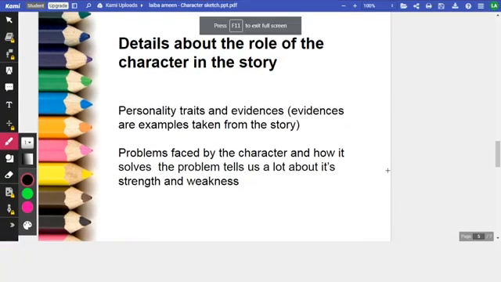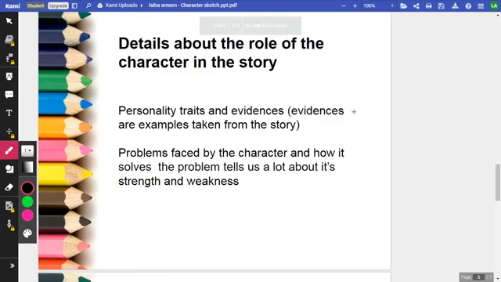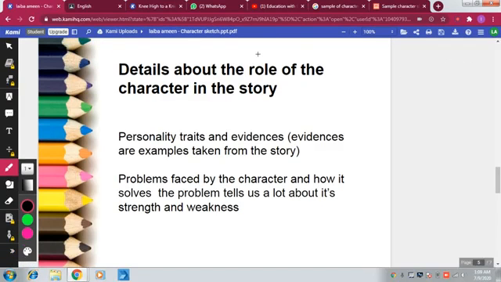And then the third paragraph will be about the detail about the role of the character in the story. You have to write its personality traits, how he is. But you don't just need to write that the character was rude, he was bad. No, you also need to give evidence.